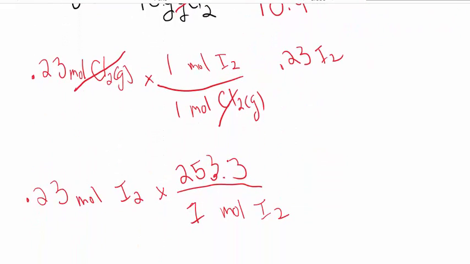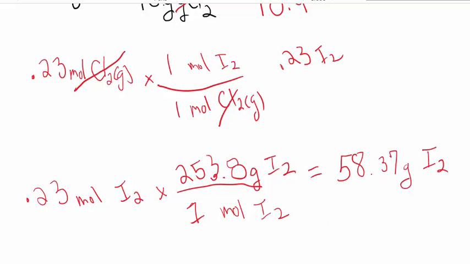Change that to an 8. grams of I2. Put it in the calculator. 0.23 times 253.8. And I get 0.37 grams of I2.